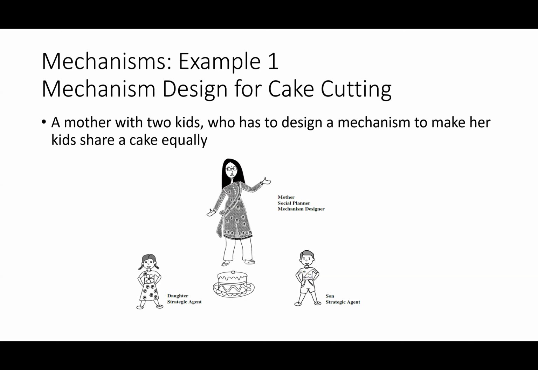So this is the case of a mother who has a cake and she would want to share it between her two children. Now this is how she designed the game. She decided that, you can decide that you toss a coin so that you would have whoever will play first.